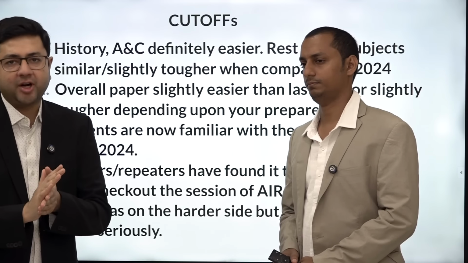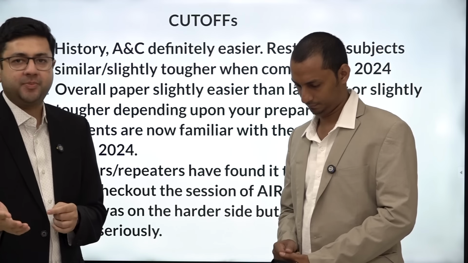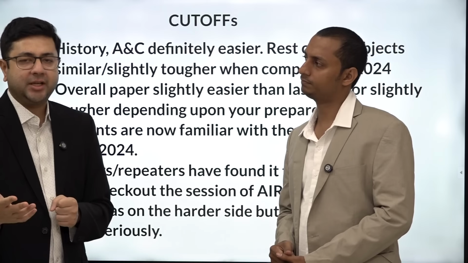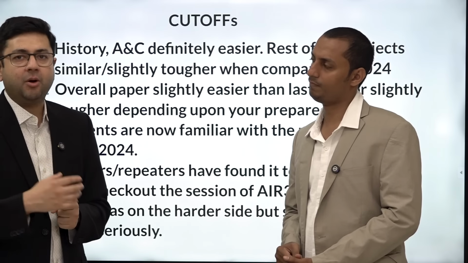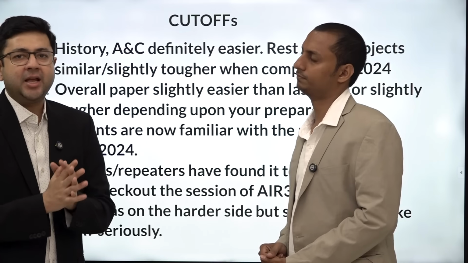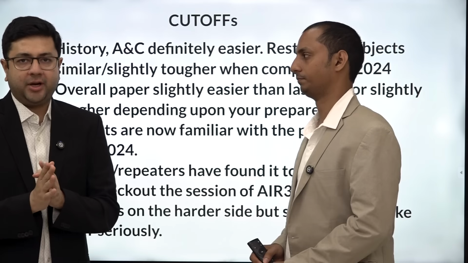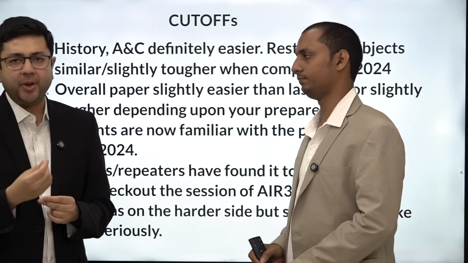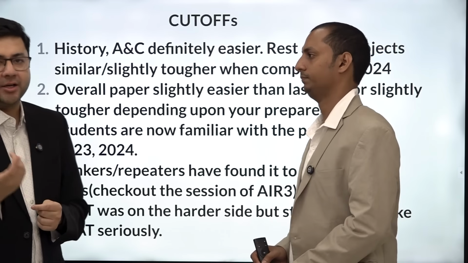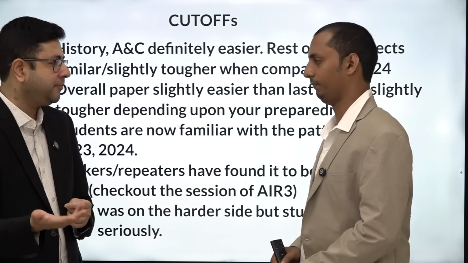They've been very comfortable. If you look at AIR 3's attempt of this paper, Archit has also found it to be very comfortable, right? He has not found it to be tricky. He has not found it difficult at all, right? So their opinion on a paper like this matters a lot more than students who would be scoring 40 or 50, right?